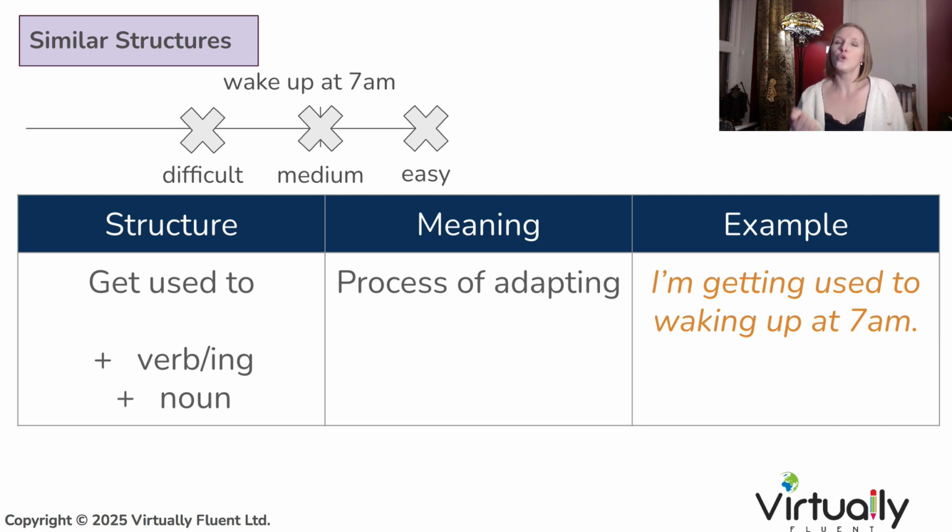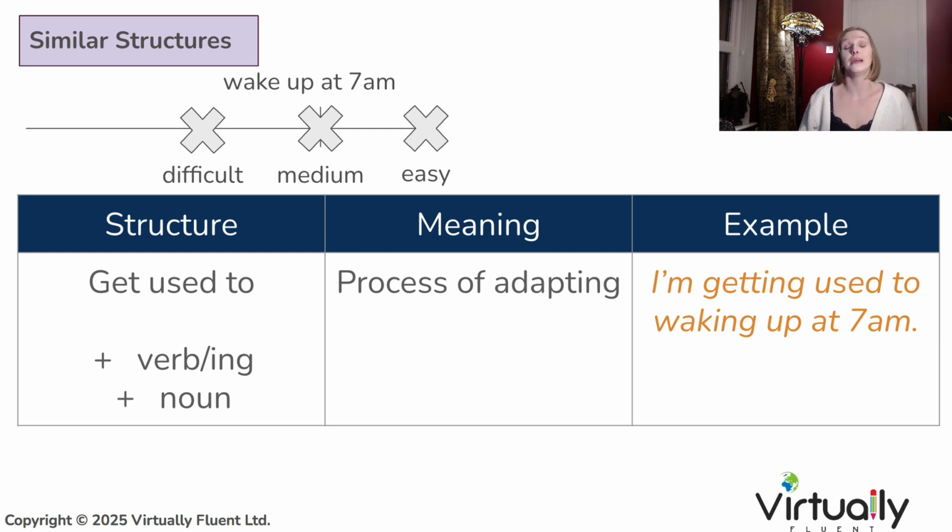You haven't quite become fully familiar with something yet. You're still having a little bit of difficulty with it, but it is easier than it was before. So think of this structure as a scale of difficulty. Something was difficult, now you're getting the hang of it, you're halfway there, and in the future it will be a little bit easier for you.